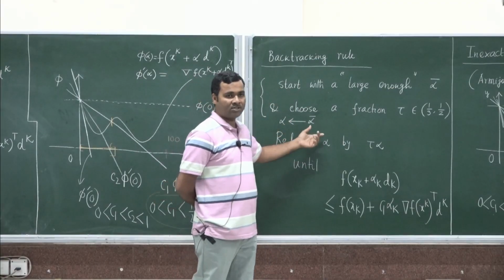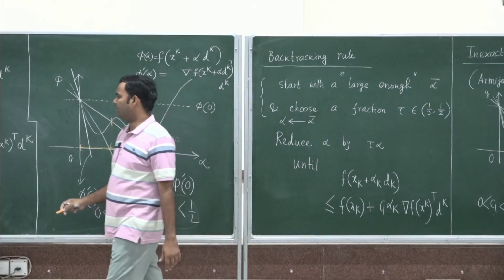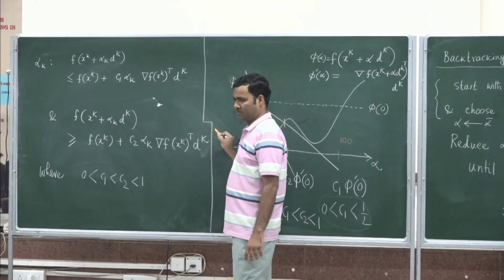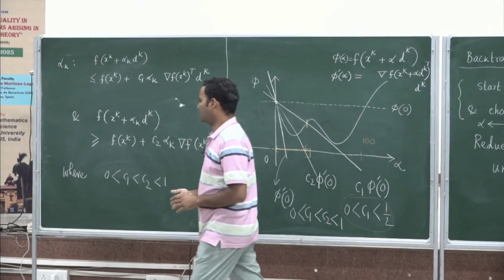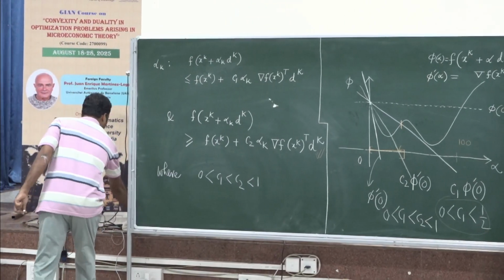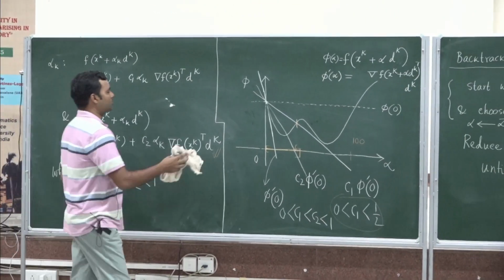This iterative process is alleviated just by this particular inequality. Fine. Well, so now next, the inexact line search that I shall consider is the weak Wolfe condition.